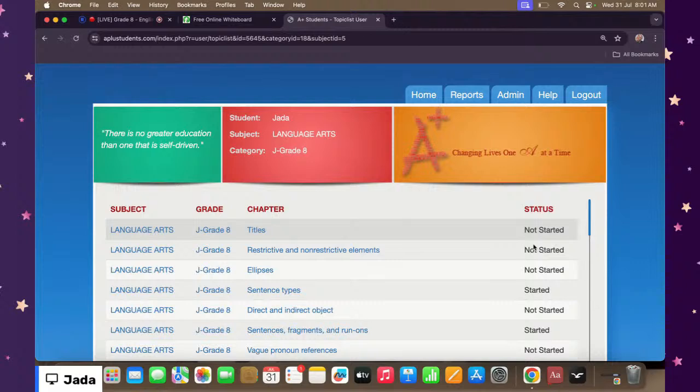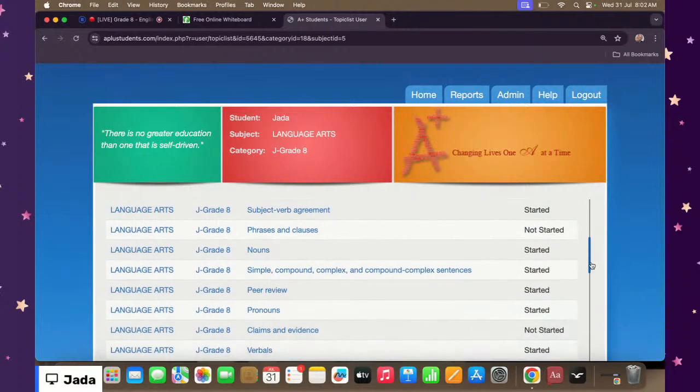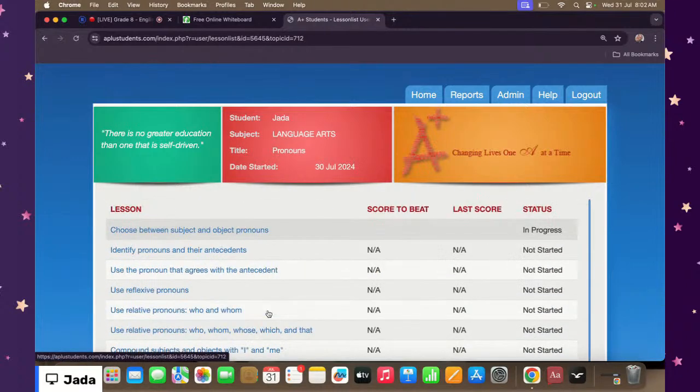We scroll down to pronouns. We have a lot of lessons under pronouns, but we will first have three lessons today, and in other lessons we will have the complete part for the pronoun.